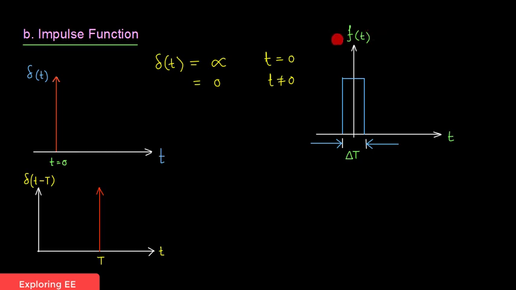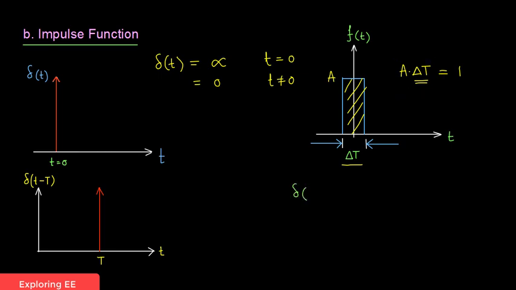Suppose f(t) is a pulse function with pulse width delta t and amplitude A, and the area of the pulse is given by A times delta t. Let us choose the pulse function in such a way that the area becomes unity. Now if delta t reduces, the amplitude increases since they are inversely proportional to each other.